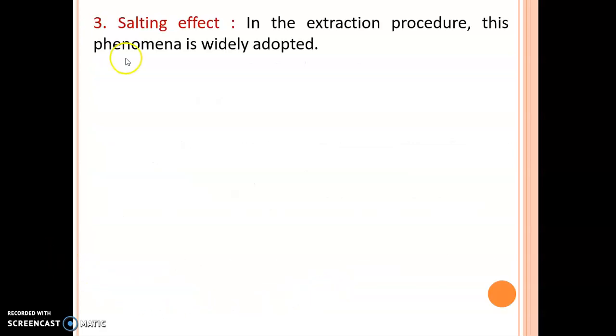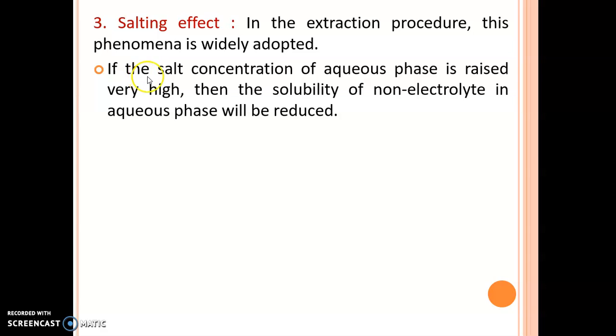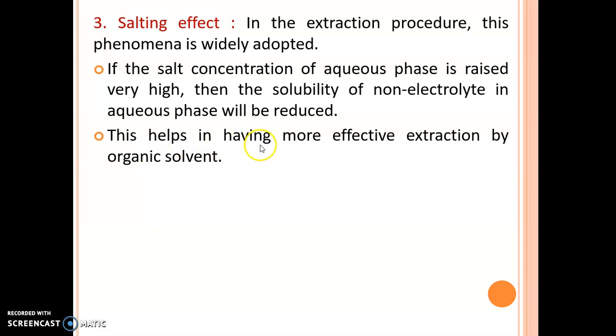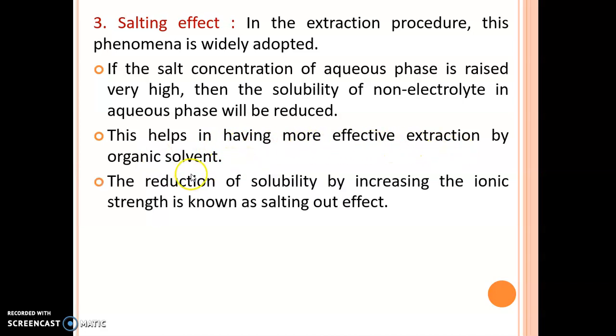Now, the next factor is salting effect. In the extraction procedure, this phenomenon is widely adopted. If the salt concentration of the aqueous phase is raised very high, then the solubility of the non-electrolyte in the aqueous phase will be reduced. This helps in having more effective extraction by the organic solvent.